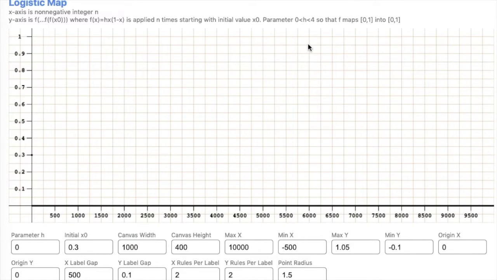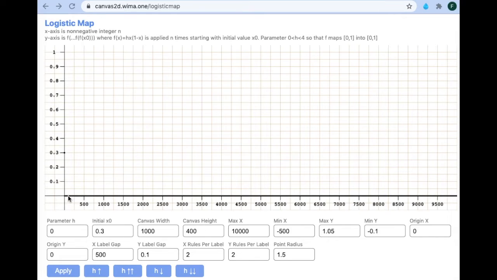Okay, now let's plot the population of each day in this coordinate. The vertical axis is the population from 0 to 1, and the horizontal axis is the timeline. So this is day 500, this is day 1000.